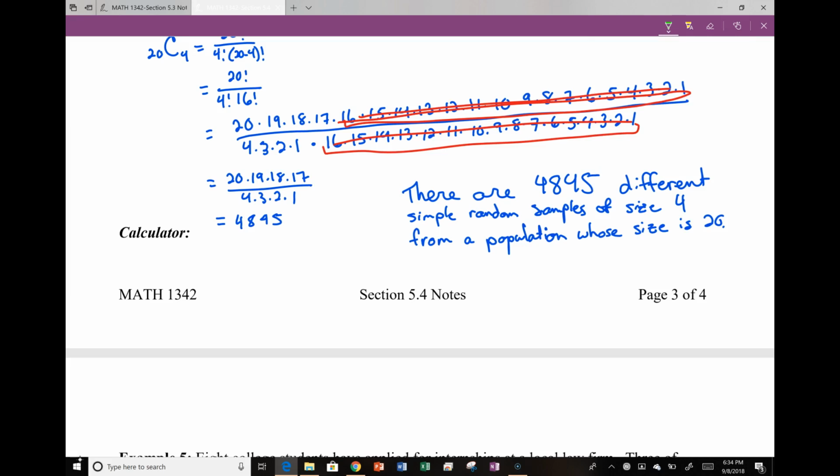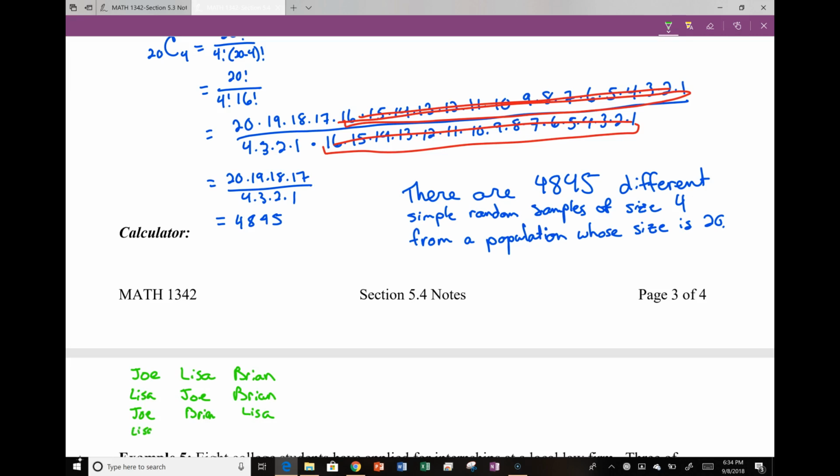So let's say I pick 3 students. I pick Joe, I pick Lisa, and I pick Brian. If order does not matter, it doesn't matter if I pick Lisa, Joe, Brian, or if I pick Joe, Brian, Lisa. I've still picked the same 3 students.